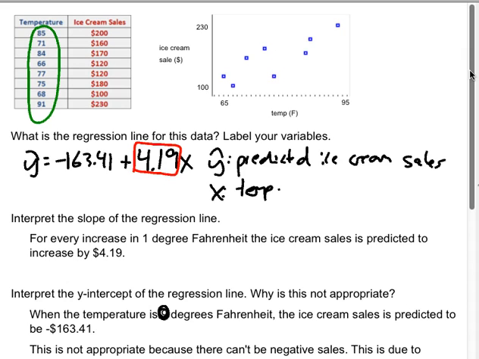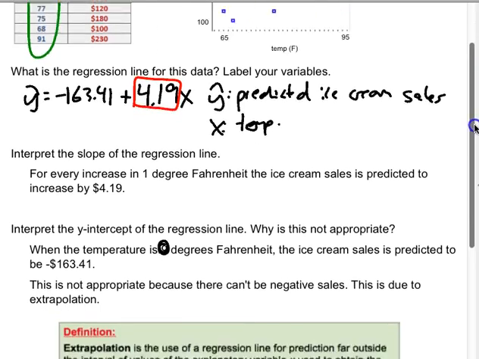So it makes very little sense for me to use the y-intercept because I was not getting any data around x being 0. That's not going to be an accurate result. Okay, so that's something just to make sure you're aware of. That term does come up, extrapolation. So again, you should not be making predictions far beyond the data that you collected. Okay, they have to be relatively close.